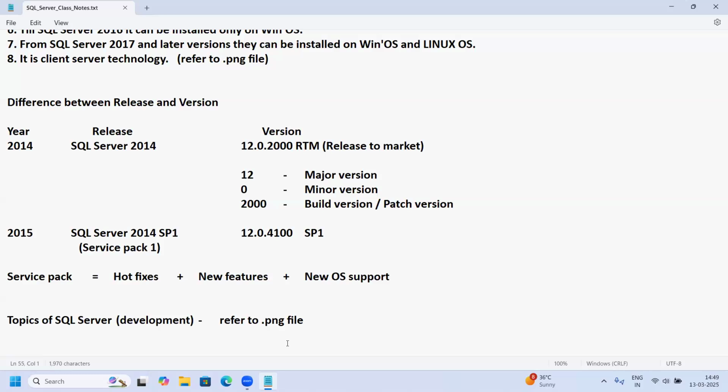Some new features Microsoft introduced in SQL Server for development, some for administration, or you can say for BI, business intelligence. Some features for developers, some for administrators, some for business intelligence. But our focus will be on what new features Microsoft has introduced, especially in the scenario of SQL Server.